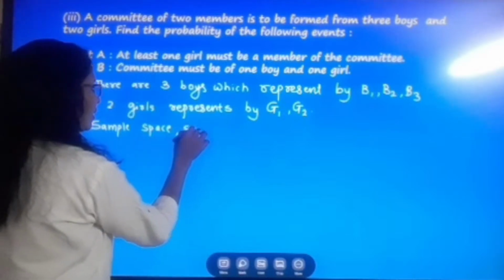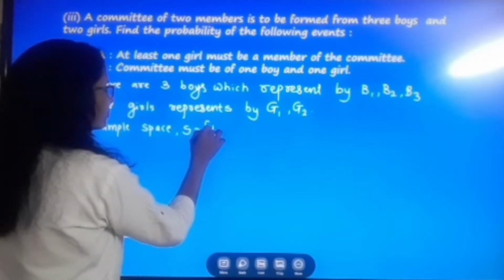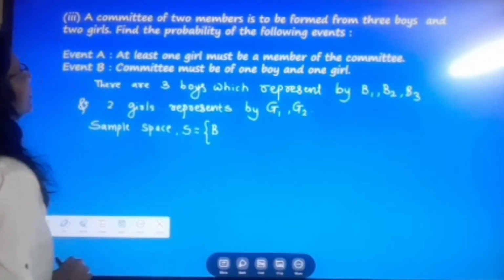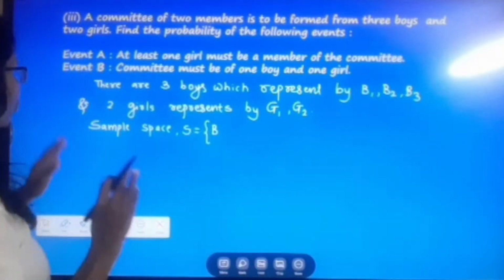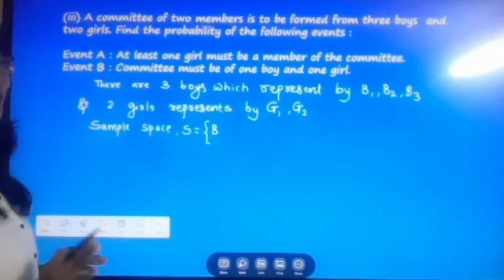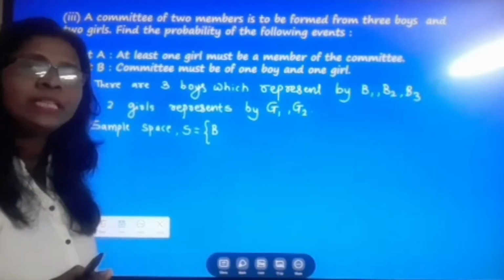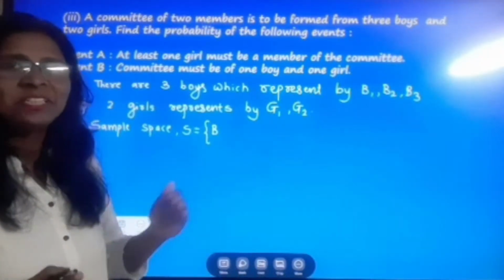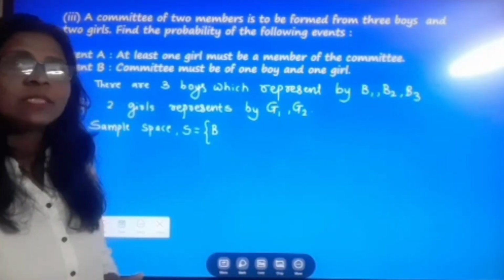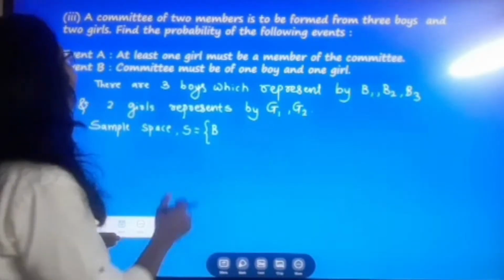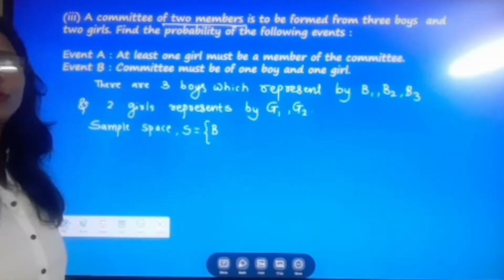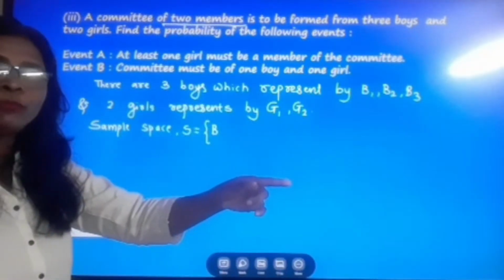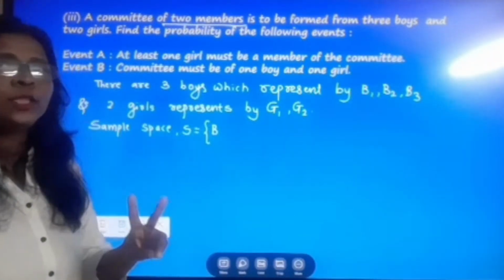Then students, the sample space S is equal to, now here the two members are to be formed from the five. So in the sample space, do not write B1, B2, B3, G1, G2. We should write down a committee of two members, formed from the 3 boys and the 2 girls.